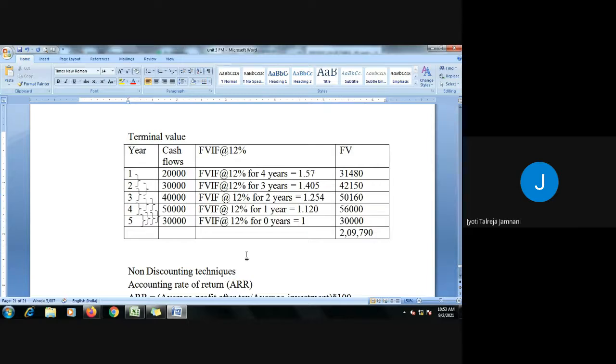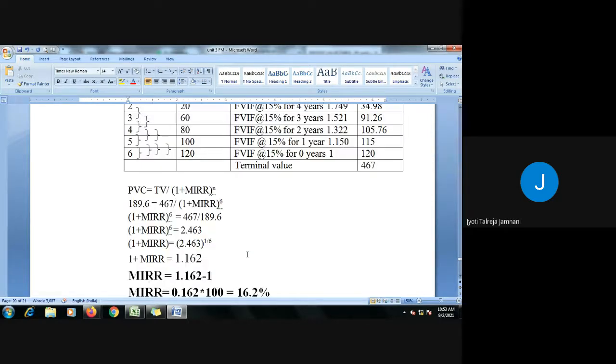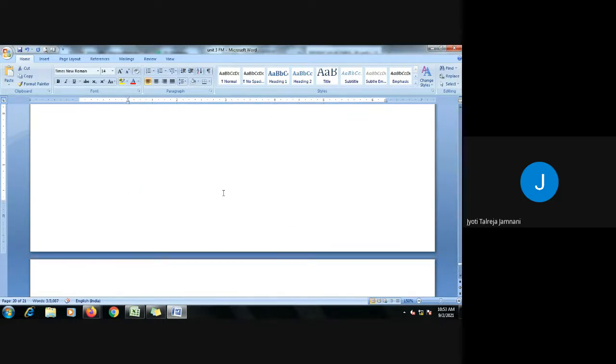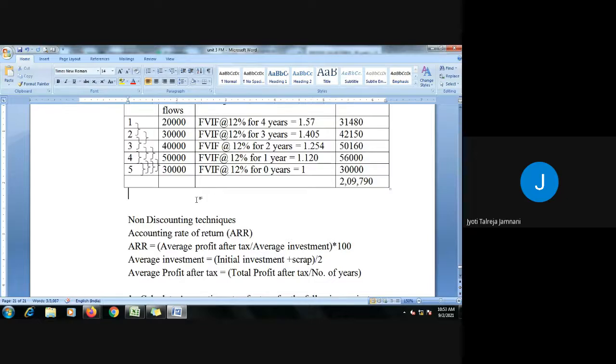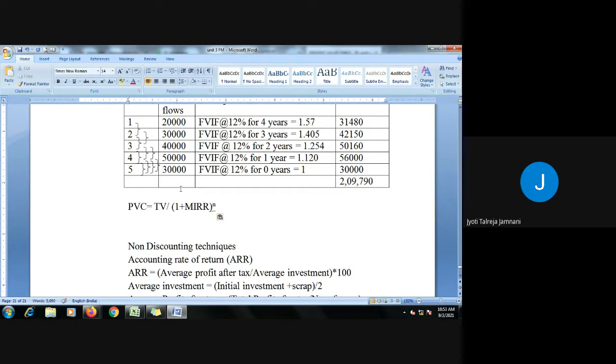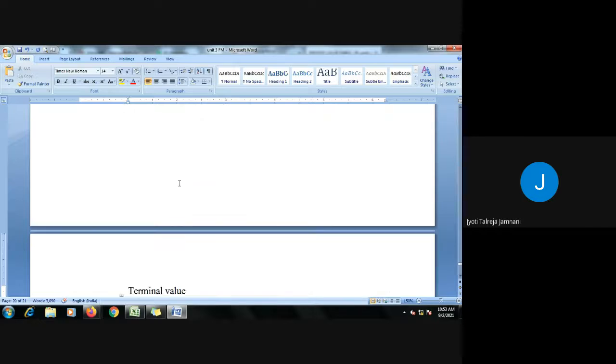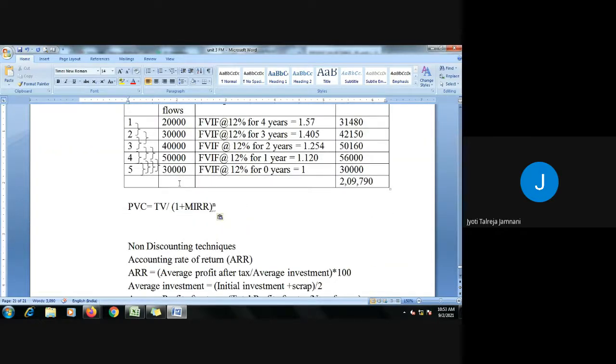Now we can put the formula of MIRR and calculate MIRR. Okay, so PVC is 1 lakh equal to terminal value is 2 lakh 9,790 divided by 1 plus MIRR raised to n. N is 5.